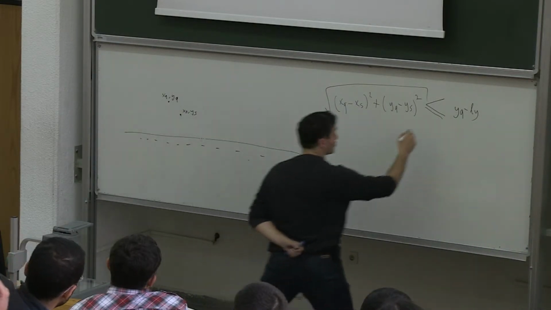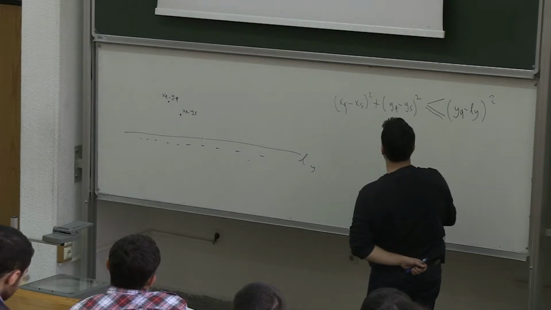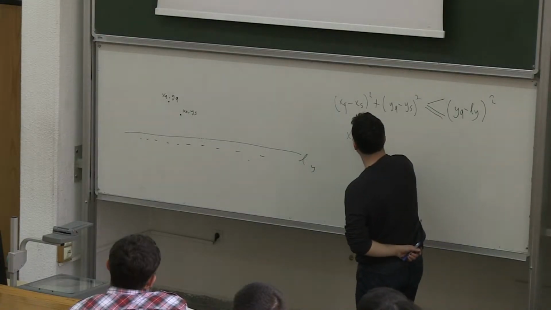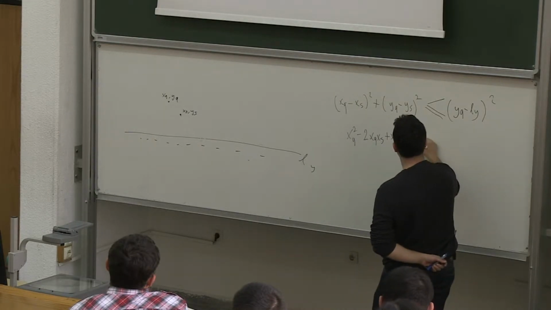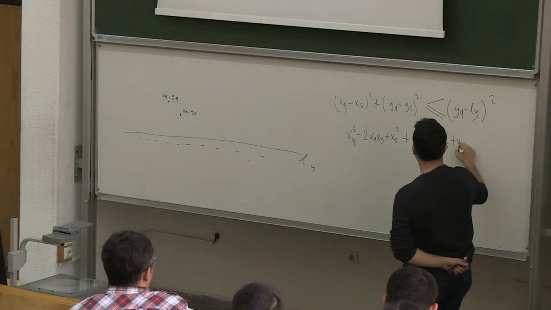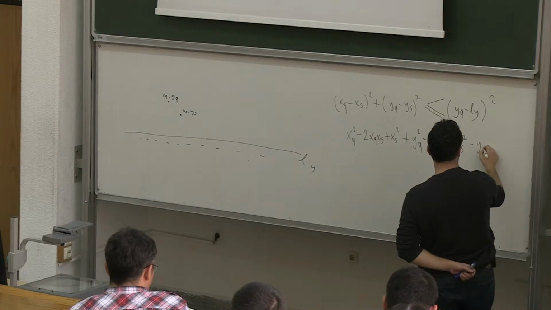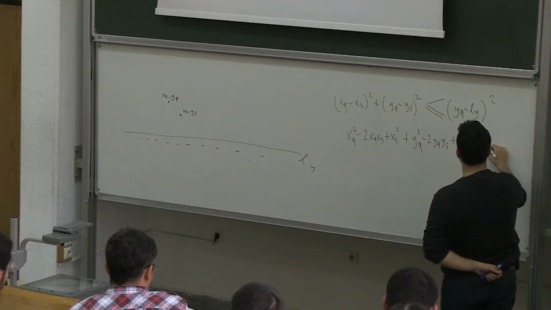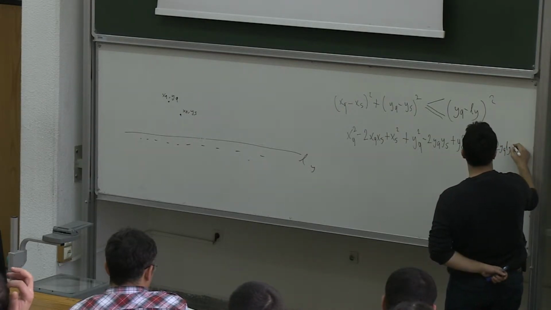If you just take the square of both parts, it's going to be xq squared minus 2 xq xs plus xs squared plus yq squared minus 2 yq ys plus ys squared minus yq squared plus 2 yq ly minus ly squared is equal to 0.